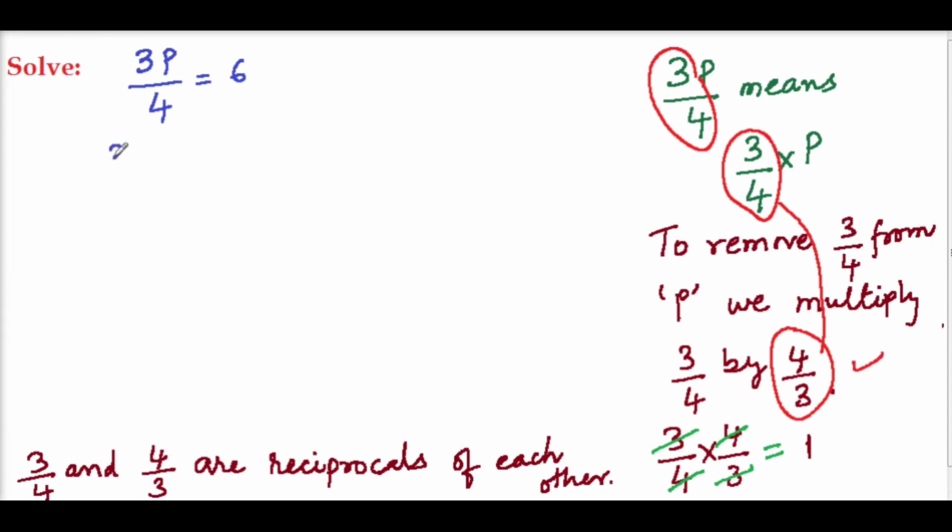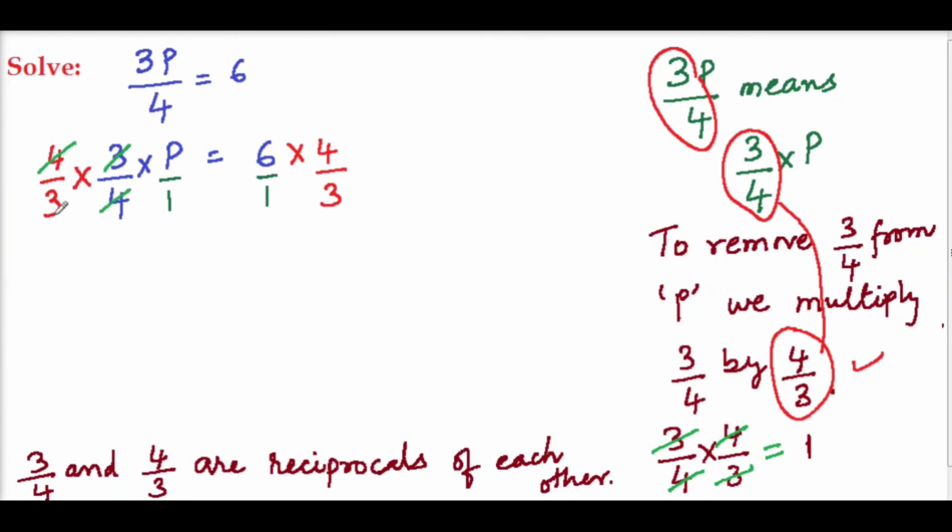Let's go back to the equation. 3 by 4 multiplied by p equals 6. We multiply both sides of the equation by 4 by 3. And on the right side we also multiply by 4 by 3. Below p we can write 1 and below 6 we can write 1.